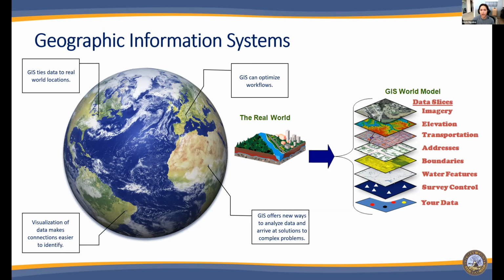So by allowing data to be visualized spatially through maps, greater connections and patterns can be discovered, which enables organizations, businesses, and governments all around the world to solve really complex problems and make decisions that are more informed, more efficient, and more transparent.